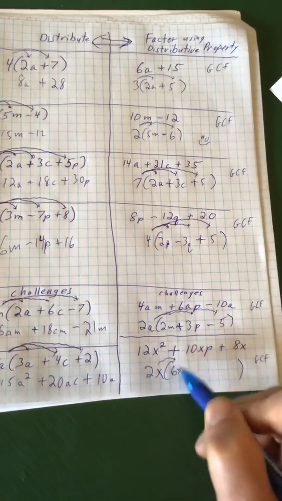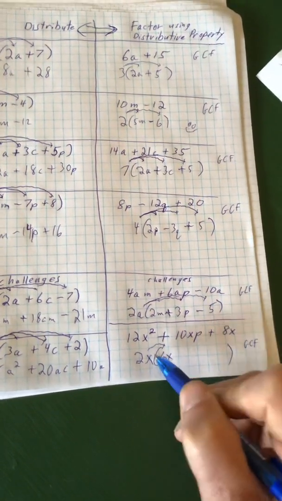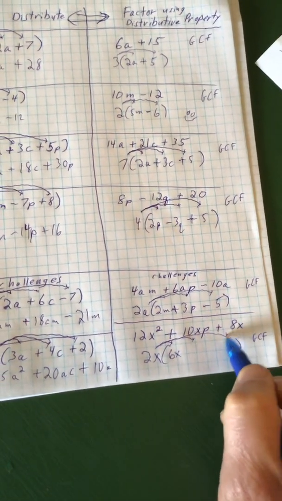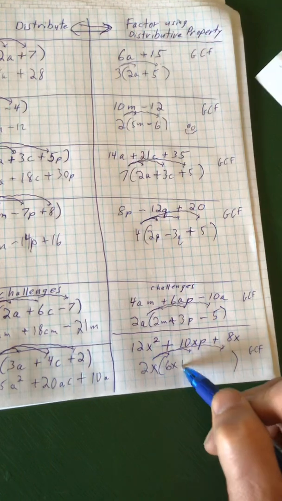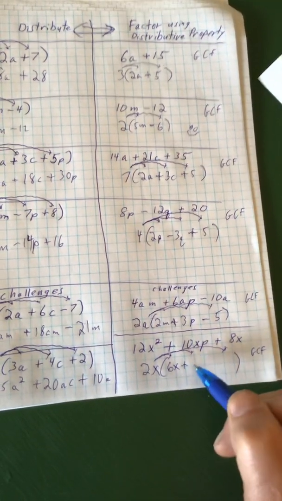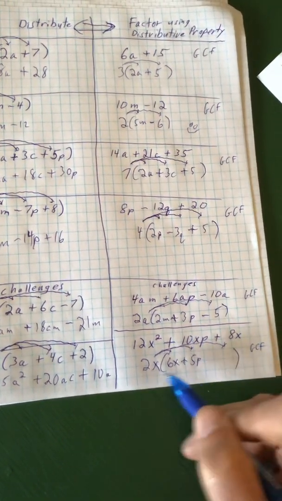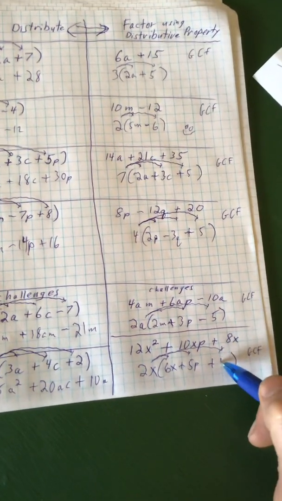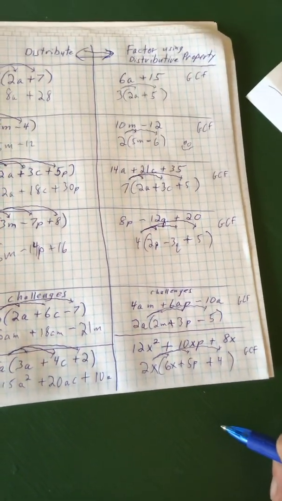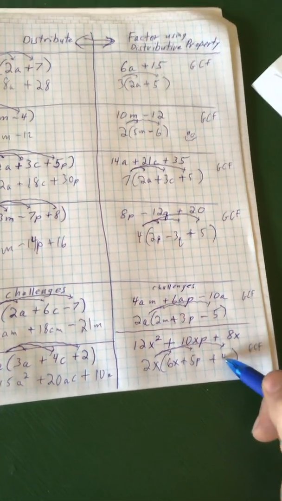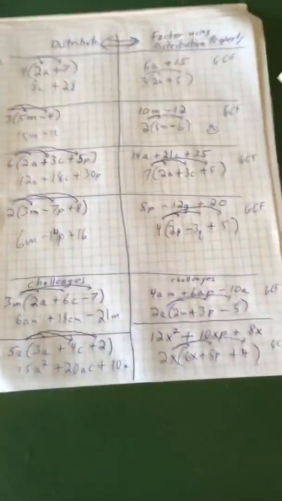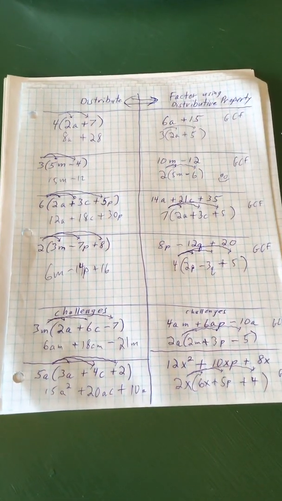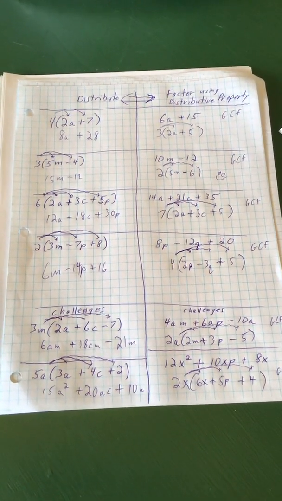Isn't 2x times 6x going to be 12x squared? And then 2x times 5p is 10xp. And then 2x times 4 is 8x. So, anyways, there's your notes and guided practice on distributing and factoring using the distributive property.